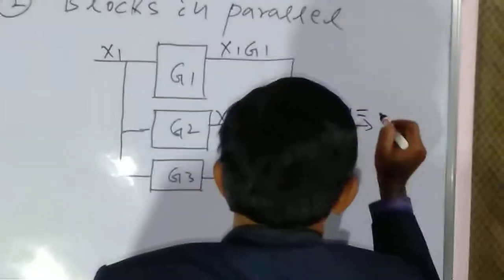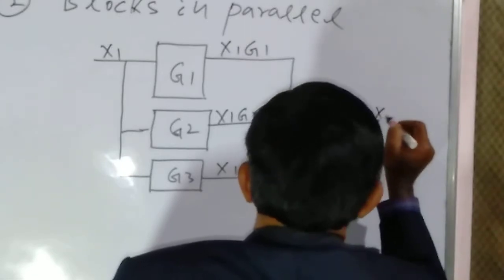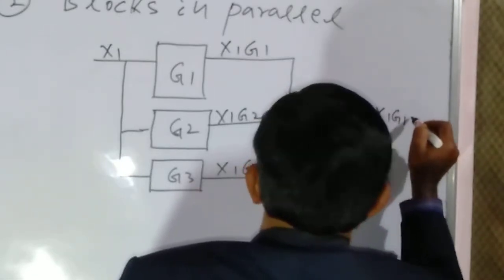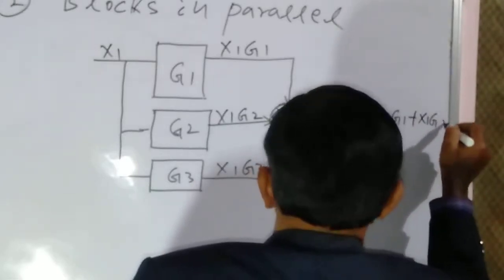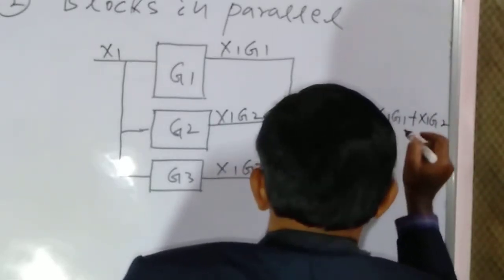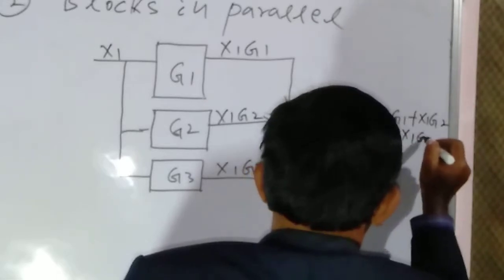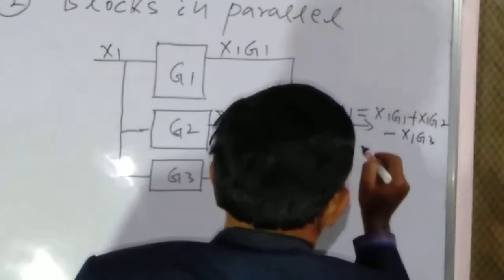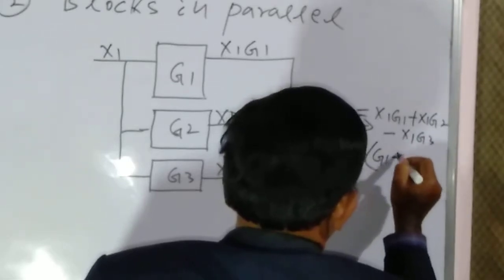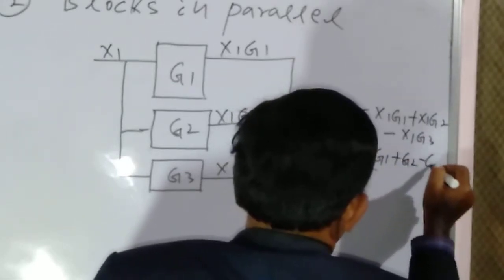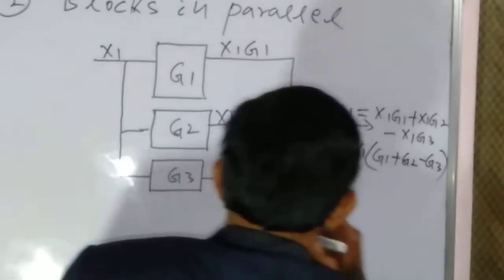So y1 is equal to x1 G1 plus x1 G2 minus x1 G3. If we take x1 common, then it will be G1 plus G2 minus G3.